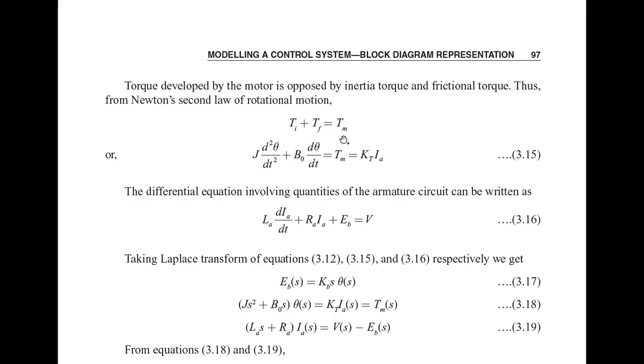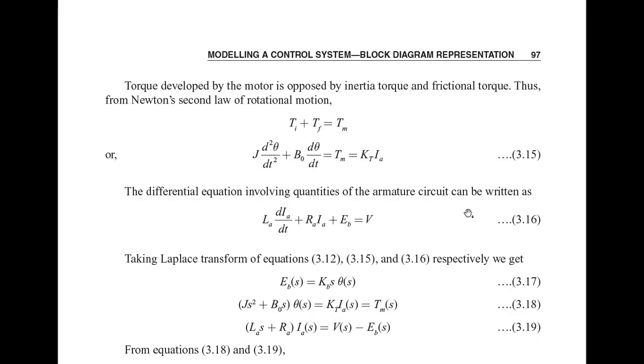So the torque developed by the motor is being used to overcome this inertia torque and also this frictional torque. So Tm will be equal to Ti plus Tf. We will get Tm, the motor torque developed, equal to KT Ia.